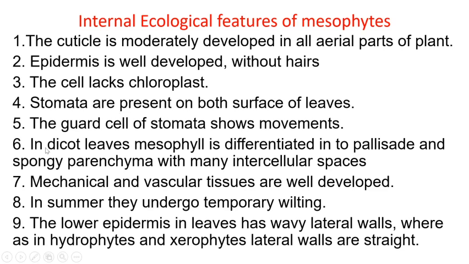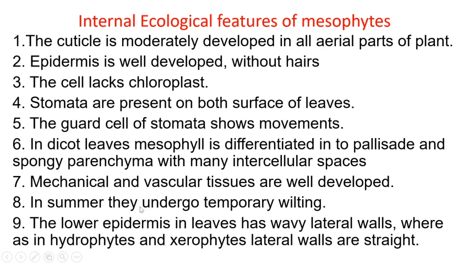Sixth feature is that in dicot leaves, mesophyll is differentiated into palisade and spongy parenchyma. Mostly palisades are present on upper surface and spongy parenchyma are present on lower surface, with many intercellular spaces. Mechanical and vascular tissues are well developed.